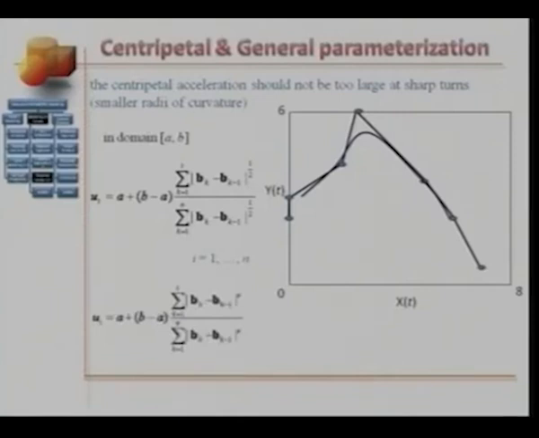Now I can combine the uniform parameterization technique, the chord length, as well as the centripetal techniques into a single expression given by ui equals a plus b minus a times summation k going from 1 to i of the absolute value of bk minus bk-1 raised to some exponent e, I'll talk about that in a while, over summation k going from 1 to n of the absolute value of bk minus bk-1 raised to e again.